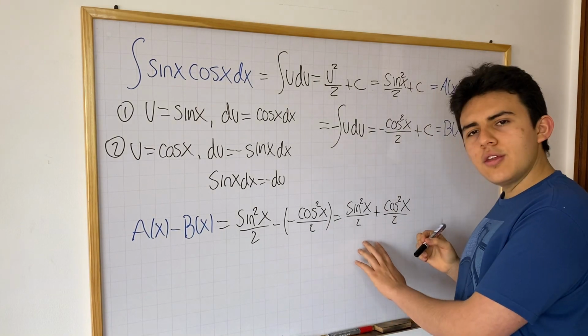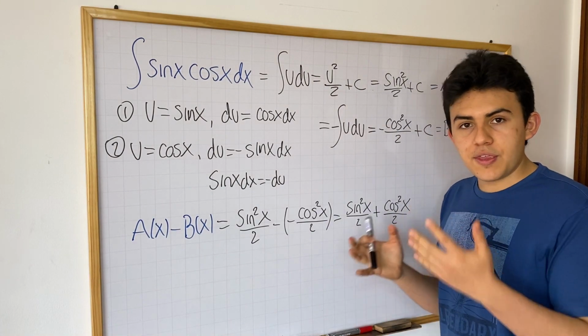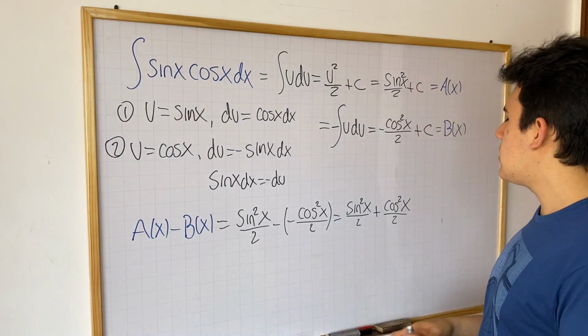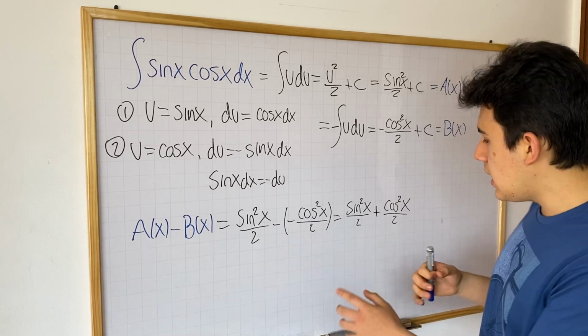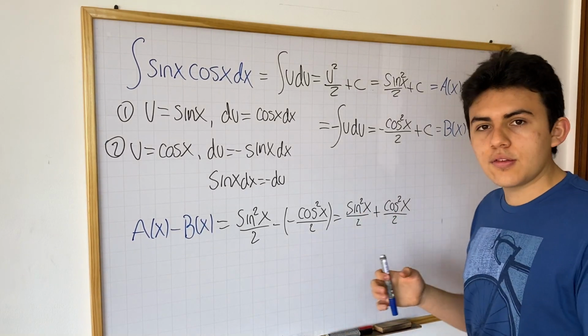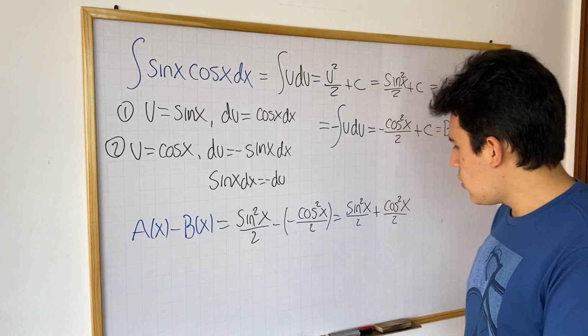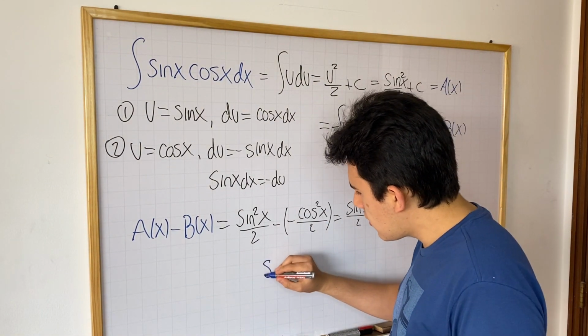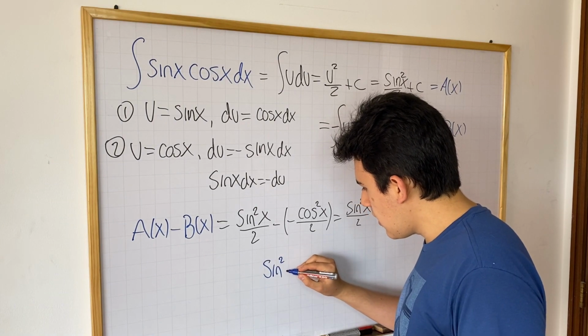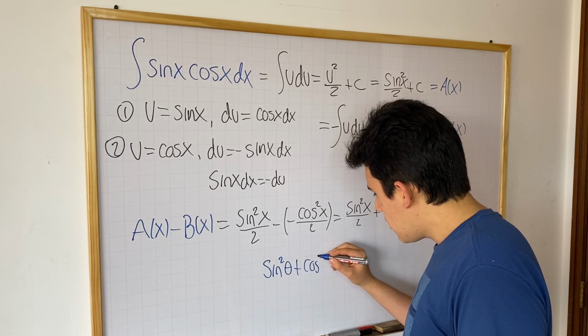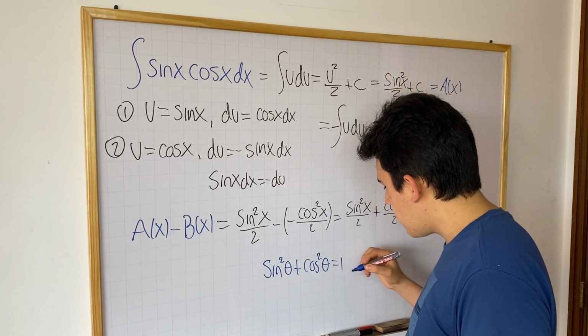Now, I hope that you can see some resemblance with a Pythagorean identity back from pre-calculus. There is a trigonometric identity that relates how sine squared and cosine squared relate to each other. The identity that I'm talking about is sine squared of theta plus cosine squared of theta is equal to 1.